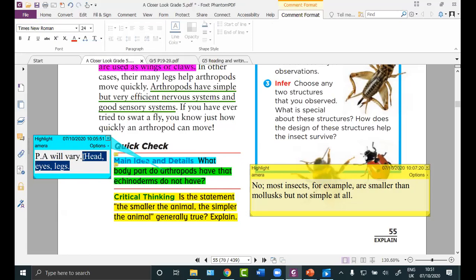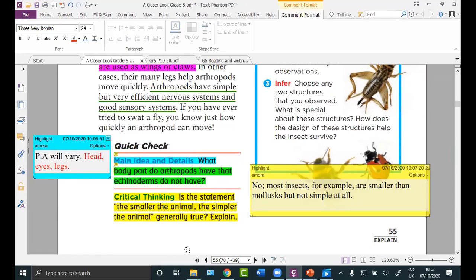There are many answers. You can say head, eyes, legs. I wrote that answers will vary, but now I will only write head and eyes.